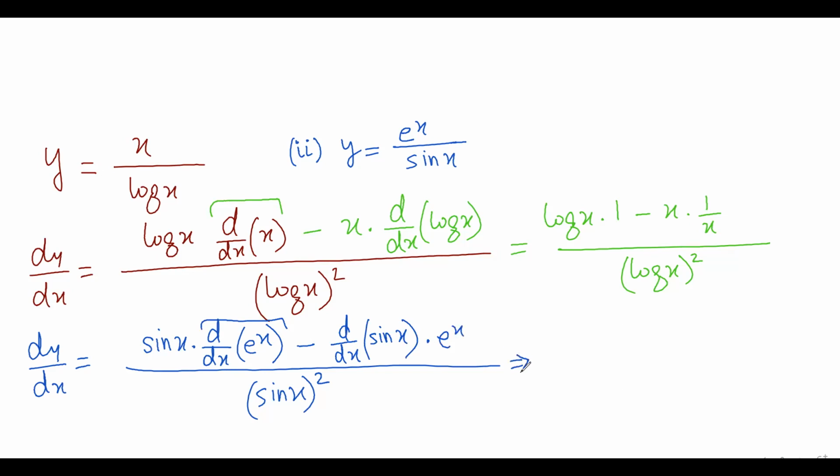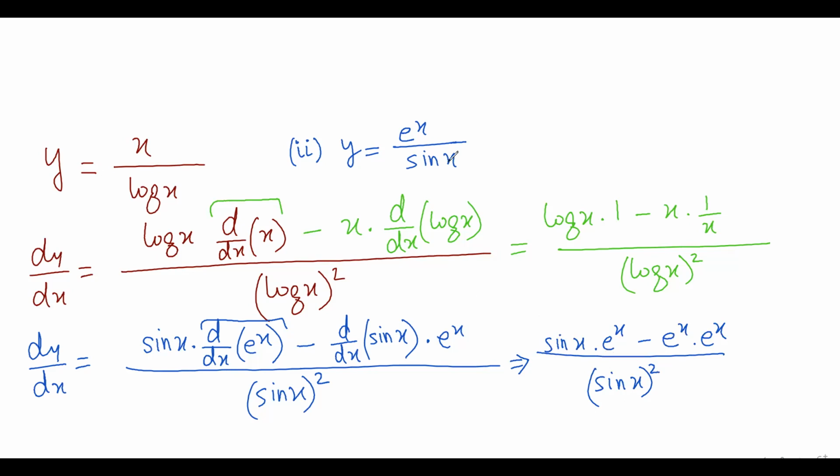Yeah. So this would be sin x minus x whole upon sin x whole square. Is it making sense?